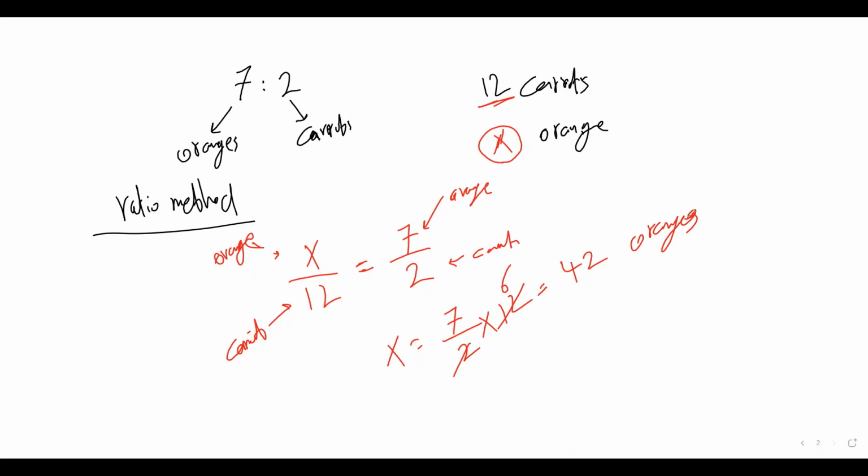And the next topic is how to divide a quantity. So we're not dealing with two quantities anymore, but how do we divide a quantity in a given ratio. For example, you want to divide a cake among you and your siblings. Perhaps you have a younger sister or brother, and you want to divide this cake in such a way that you get a bigger portion, maybe 3 to 2.